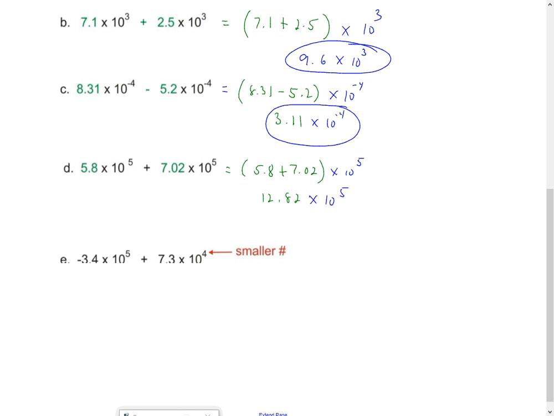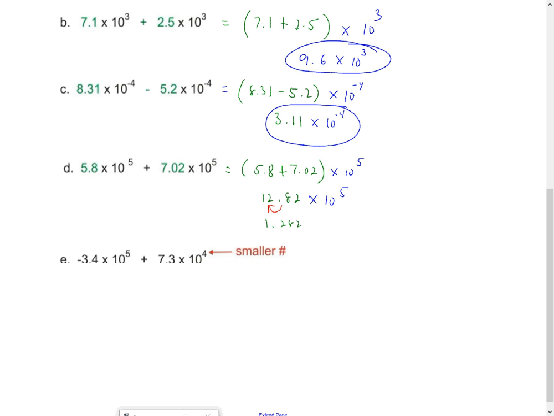The proper form is to have the front number be between 1 and 9. So what we have to do is move this decimal point one place to the left. Our new number in the front is going to be 1.282. Do you agree? Okay. Now here's what I'm going to teach you in how to get the power correct.